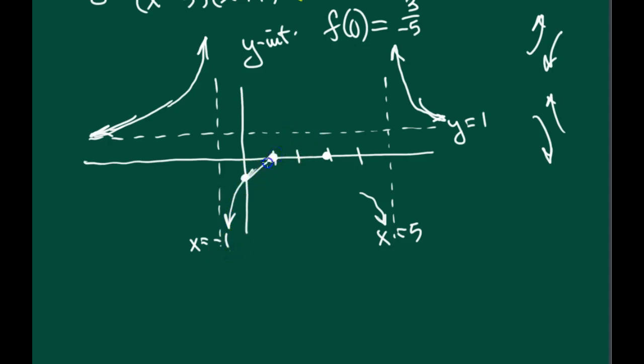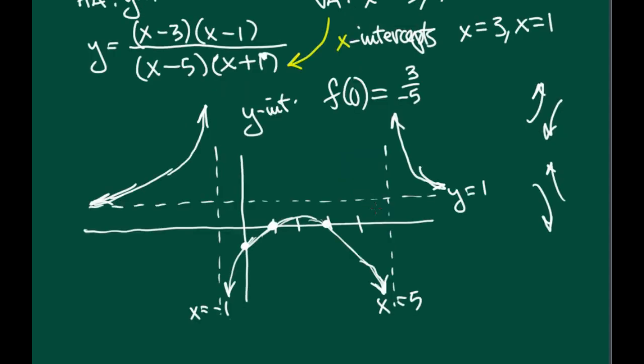So I have go-throughs on these zeros, again because they're of multiplicity 1. I connect the dots, and huzzah, I declare victory. Now let's have a look at what Desmos makes of this one.